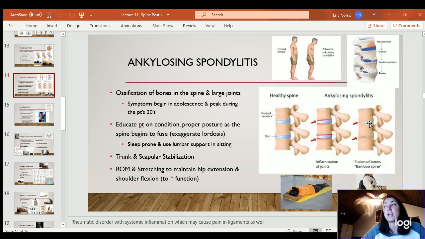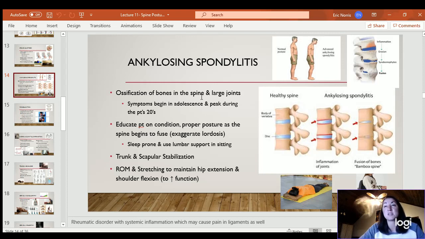So ankylosing is the fusion of those portions, and some places call it bamboo spine because the spine becomes fused completely together, and so it's an immovable piece of bamboo. It's just one straight stick. And some of the other joints could also become fused like this.